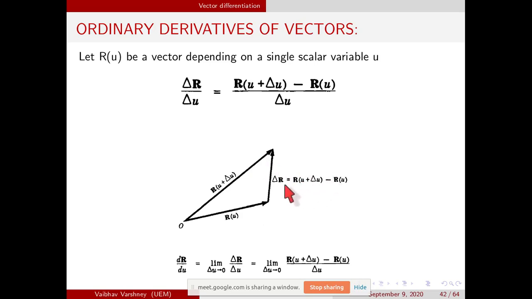So delta r is equal to r of u plus delta u minus r of u. If we check the rate of change of r with u, we divide delta r by delta u, so delta r by delta u is equal to r of u plus delta u minus r of u, upon delta u. This is the change of r with respect to u.